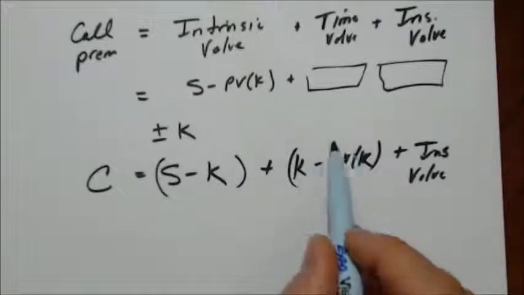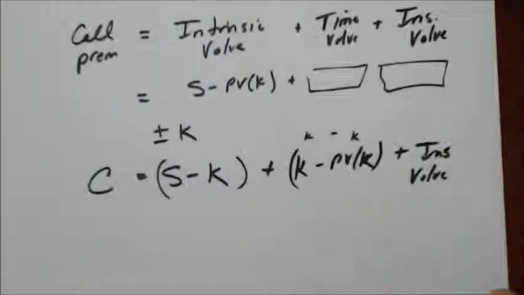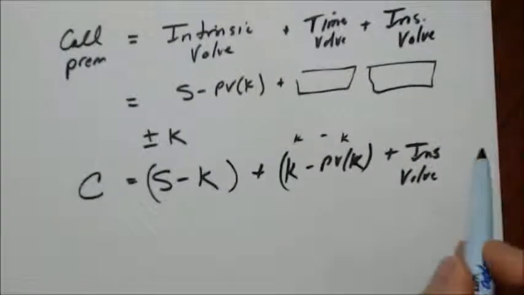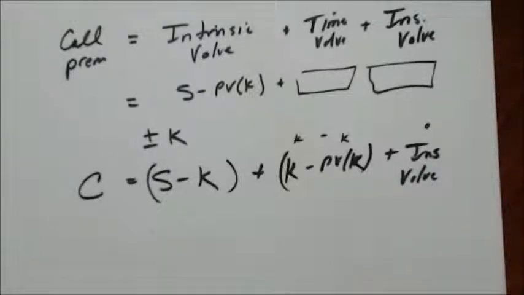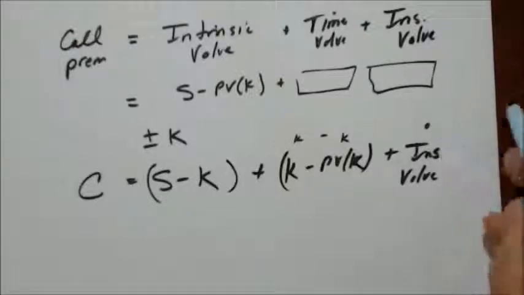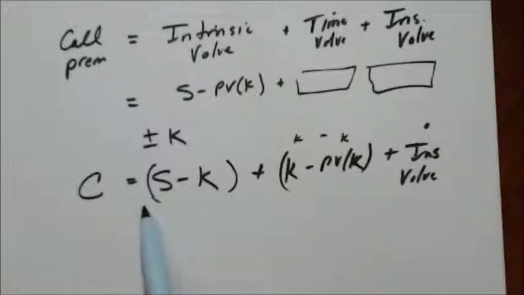This will collapse because the present value of K will equal K. K minus K is 0 at that point. And then at expiration, there's no insurance value left either, because there's no chance for the stock price to change. You're locked into whatever the stock price is at maturity of the option. So this is 0. So at maturity, you're left with S minus K.